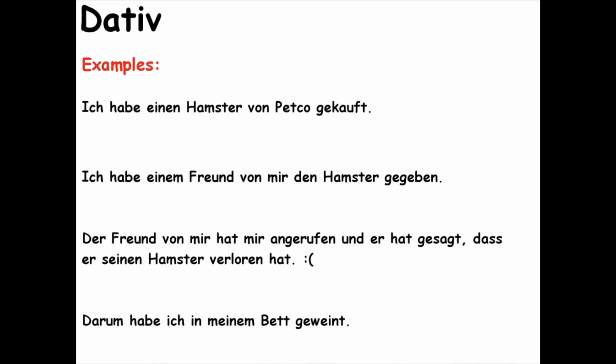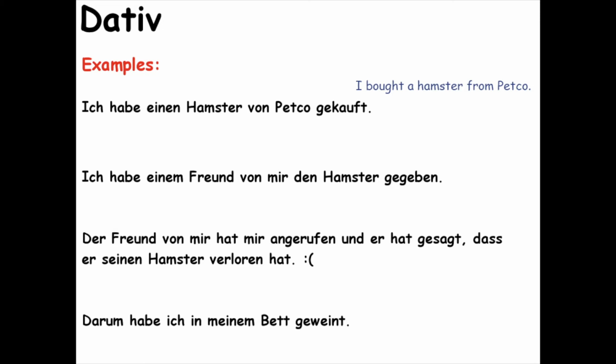Here is that chart right here for you to use at your leisure as a resource. Now let's go through some examples to make sure that we really understand the dative case. Ich habe einen Hamster von Petco gekauft. I bought a hamster from Petco. Now, I bought, ich habe gekauft. What did I buy? I bought the hamster.